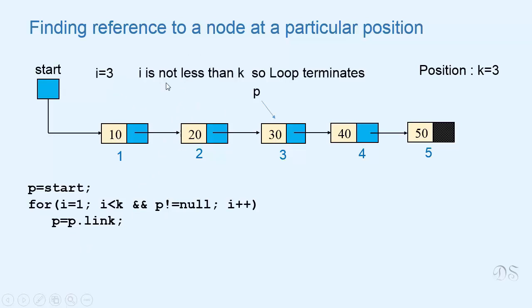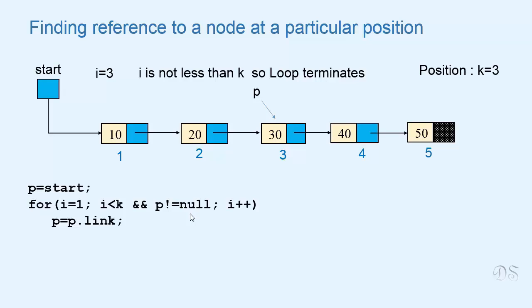Now i is not less than k, so this loop terminates. So we can see that when this loop terminates, p refers to the node that is at kth position in the list. This condition p is not equal to null we have placed to terminate the loop in the case when there is no kth position in the list. That is, the number of nodes is less than k.